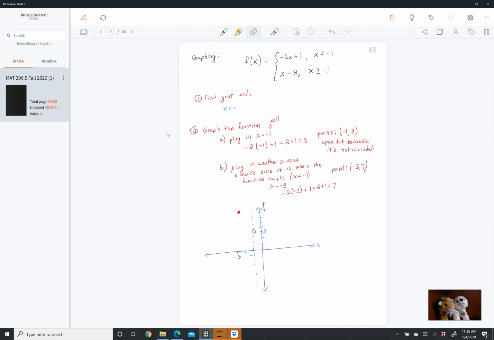Now we just connect it, and our arrow is facing away from the wall, always. So connect your points, and your arrow always faces away from the wall.